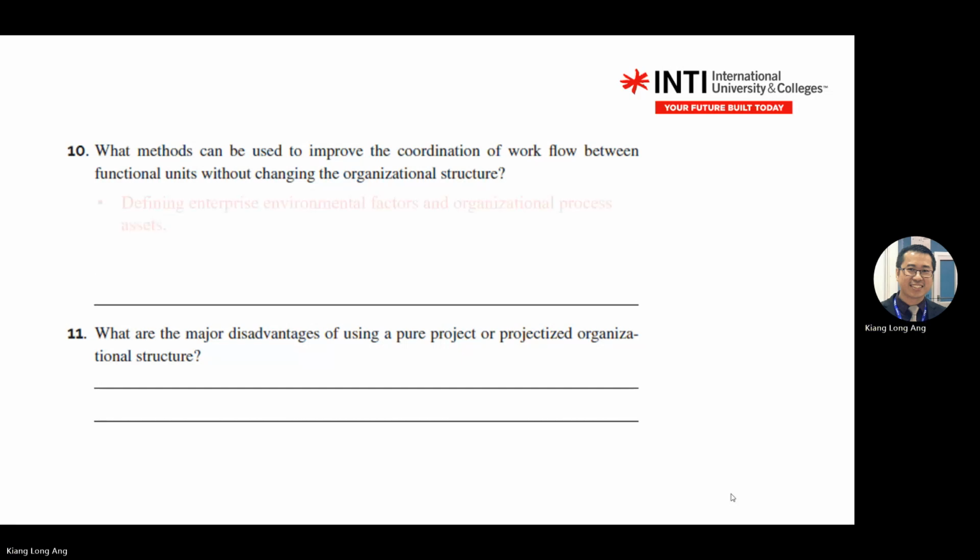Okay. So you have well defined the enterprise environment factor, which is, for example, culture. You have a well defined culture, means how you work in the company. Some companies' culture is they have to be transparent, and they will have hidden rules.